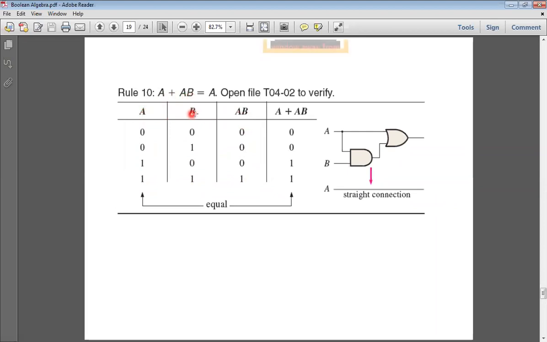Consider this A, which is added with AB, the first column and the second column. Now when those two columns are added, what we get is A plus AB. Let's see, 0 plus 0 is 0. 0 plus 0 is 0. 1 plus 0 is 1. 1 plus 1 is 1. So 1 plus 1 is 1 only.